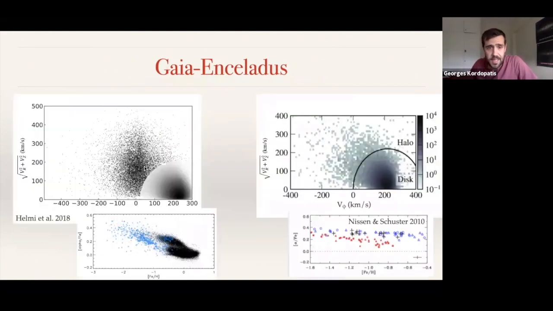And what I forgot to say, sorry, if you allow me to go back, is that this low alpha population that was confirmed by Amina Helmi was already known back in 2010 from a high-resolution spectroscopic survey by Nissen and Schuster, where they had identified this population, but because the kinematics were not good back in the day, they could not associate it with a moving group in the halo.